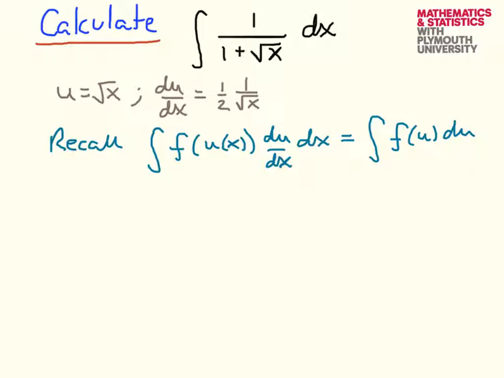So this is our key formula, and this is our attempt at a substitution, because this is going to give us 1 over 1 plus u, and that is an easy integral.